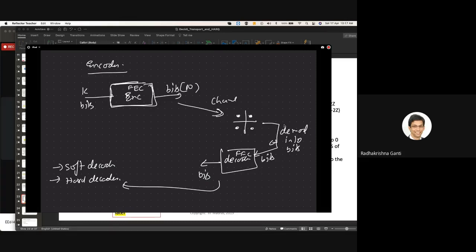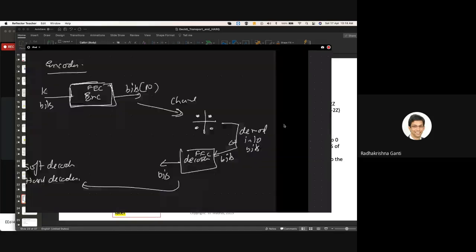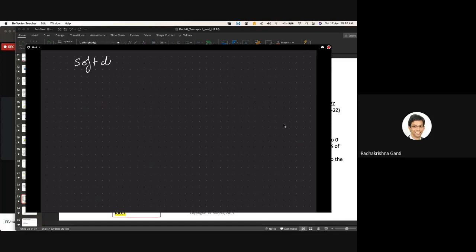So hard decoding was used up to the 70s or 80s. Maybe in the 80s also it was quite popular. The decoder works with input bits and output bits. But then they came up with a new technique called soft decoding. What is soft decoding? The main idea of soft decoding is that all bits are not equally reliable.